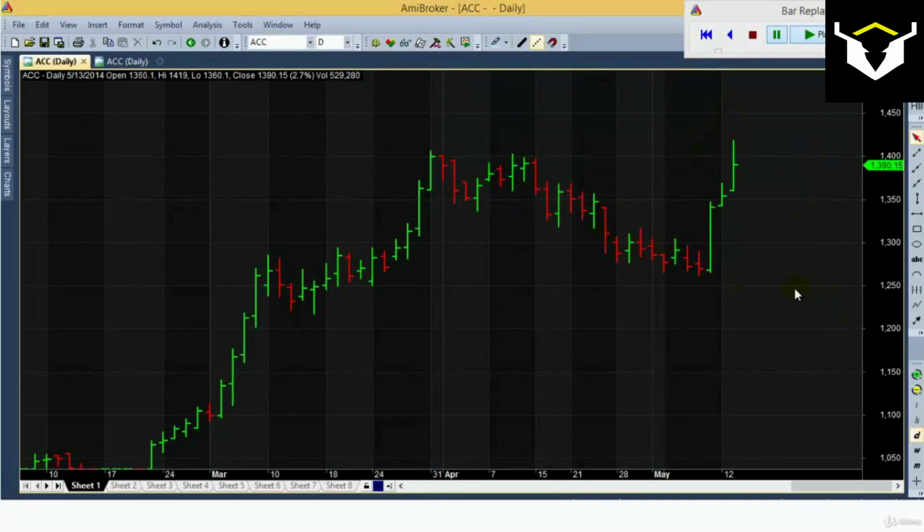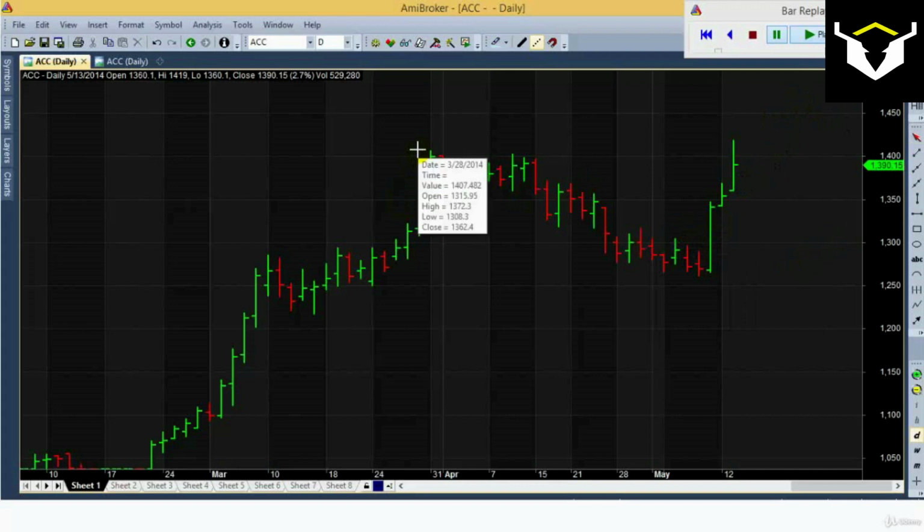So let's plot extension levels to find the level where prices will reach before finding resistance and giving one more retracement. If you were a buyer in the region of 1300, you might want to know the levels where prices might find resistance and the current spontaneous upward move might come to an end, giving way for a correction.